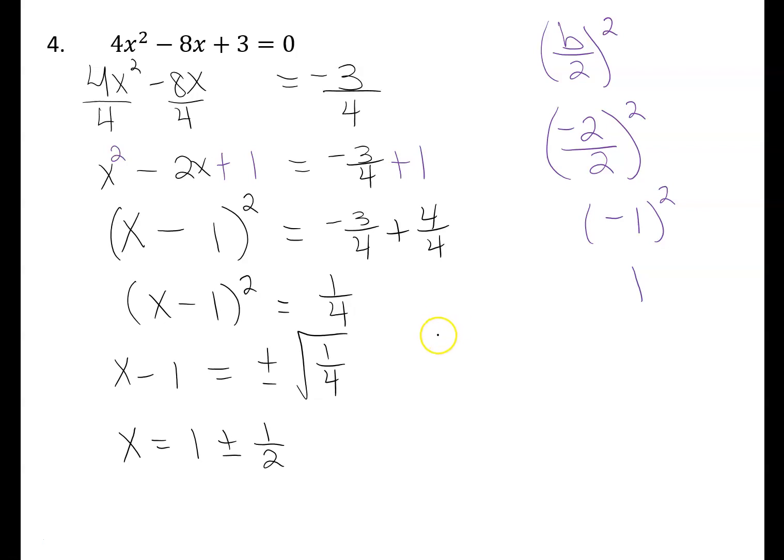So let's come over here and we need to calculate 1 plus 1/2 and 1 minus 1/2. And maybe you know the answers to those right away. Go ahead and write them. If you need to get a common denominator, turn that 1 into 2/2.